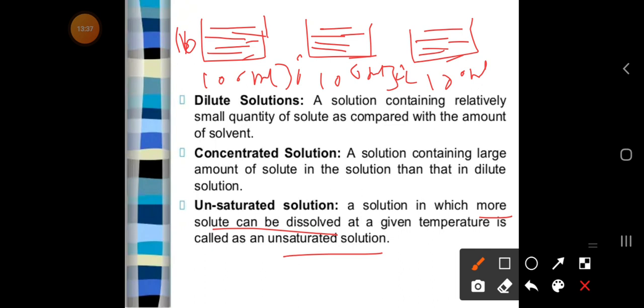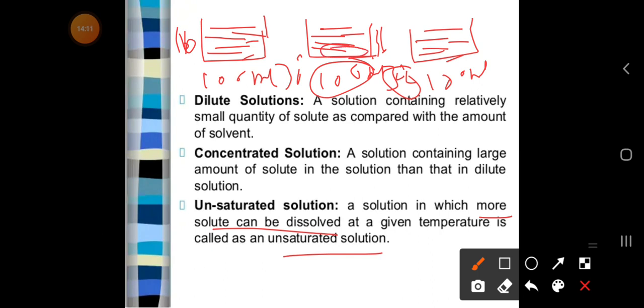Now, take a saturated solution. Instead of 30 grams, if you add 40 grams, at the same temperature and the same quantity of water, what happens? Of the 40 grams of sugar added, 36 grams dissolve in water, and the remaining 4 grams forms a precipitate.